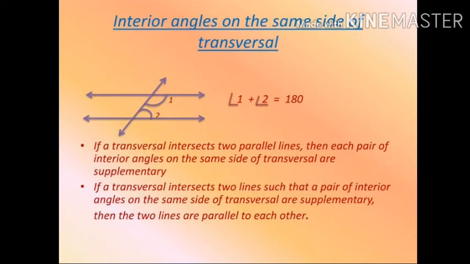Supplementary means the sum of the two angles is equal to 180 degrees. Such a pair is called supplementary. So, angle 1 plus angle 2 is equal to 180 degrees. If a transversal intersects two lines such that a pair of interior angles on the same side of the transversal is supplementary, then the two lines are parallel to each other.